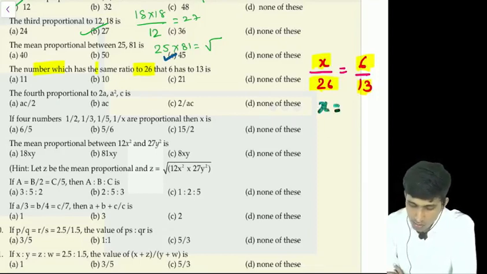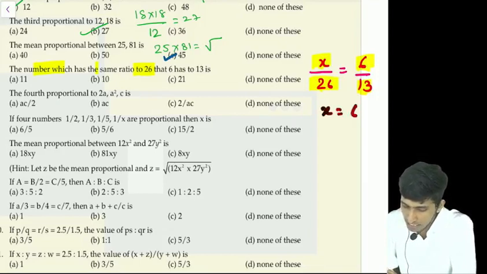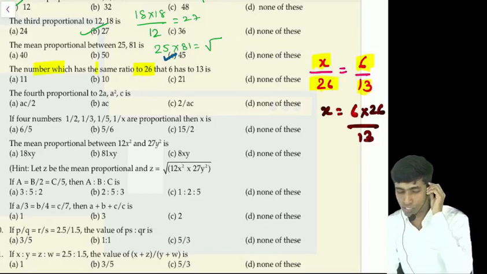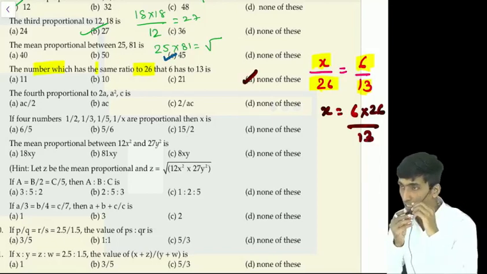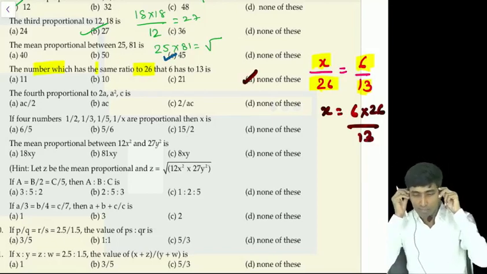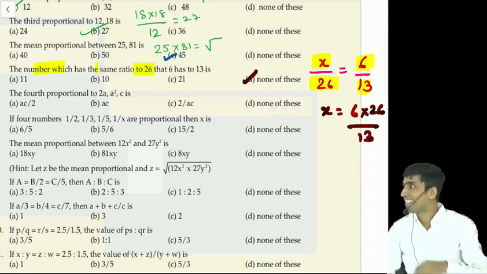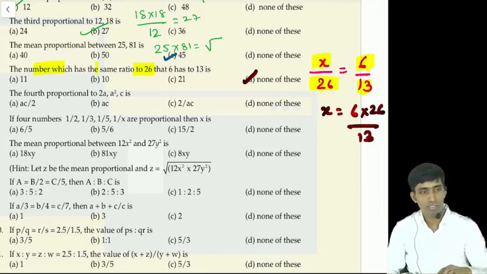So x is equal to 6 into 26 upon 13. 13 twos are 26, so 6 twos are 12. Please check the answer. When they say none of this, I get afraid. None of this. Wow.